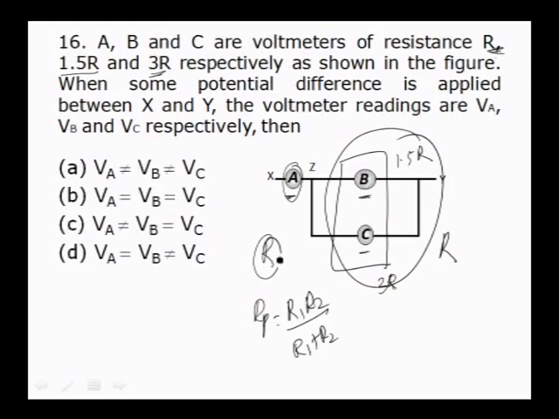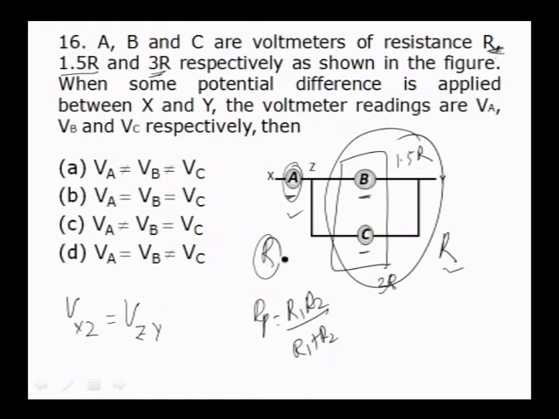Here resistances are equal and connected in series, then the voltage across this and voltage across this combination should be the same. It means that the voltage across XZ should be equal to voltage across ZY, because the resistors are equal and connected in series.